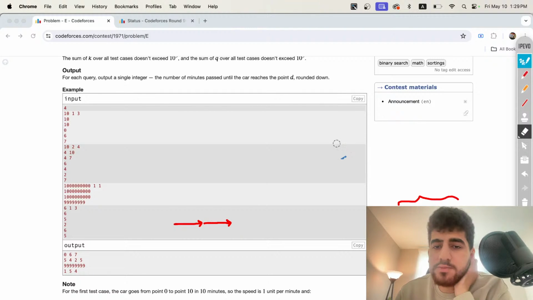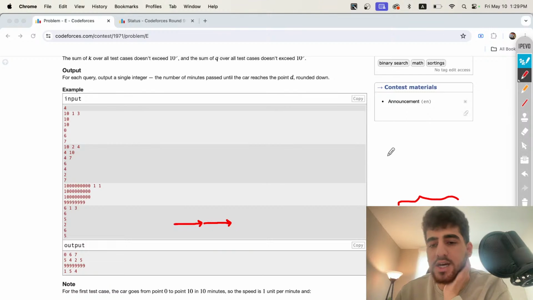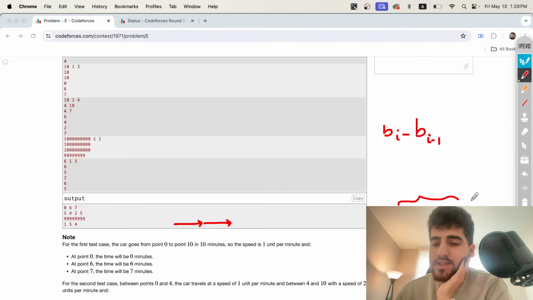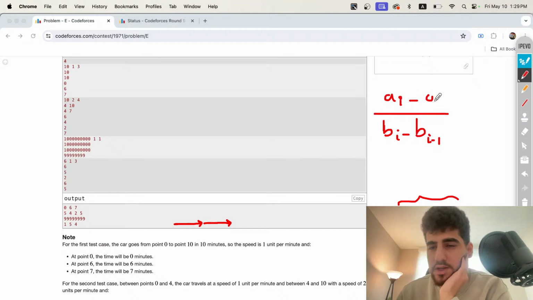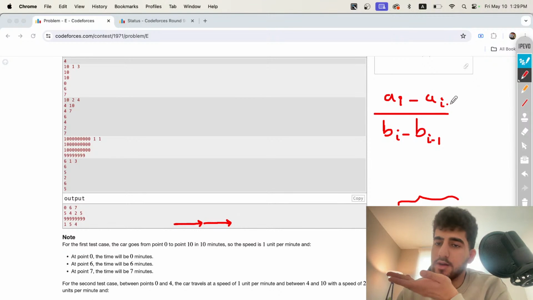I can find out what my speed is. My speed in here is gonna be b of I minus b of I minus 1, which is the time it takes to reach my destination, and the distance I cover in this time is a of I minus a of I minus 1. So this is gonna be my speed.